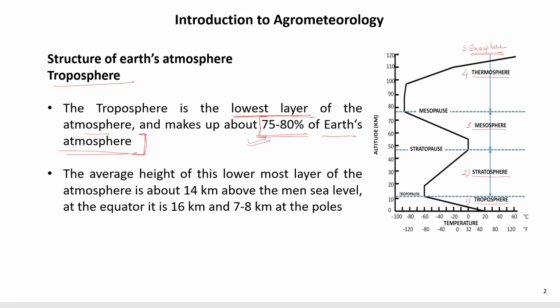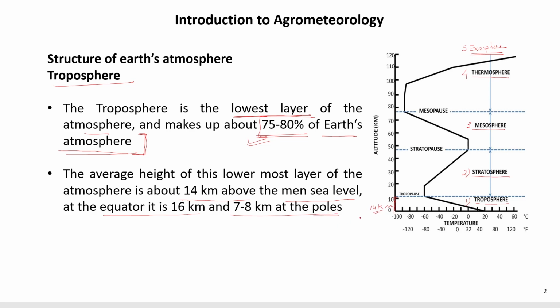The average height of this layer is about 14 kilometers above the mean sea level. At the equator it is 16 kilometers and 7 to 8 kilometers at the poles.